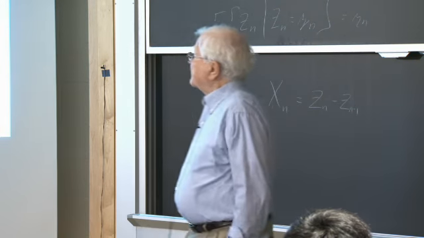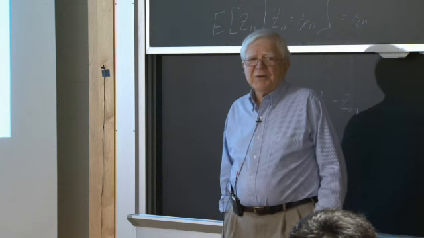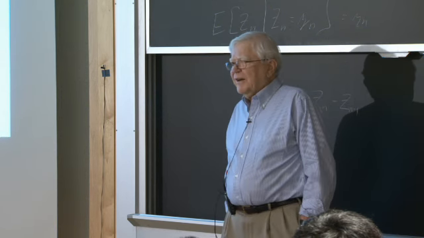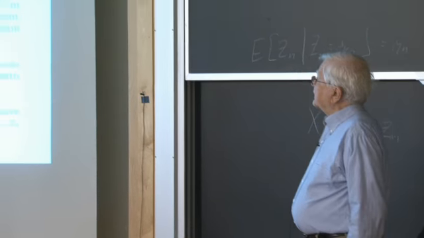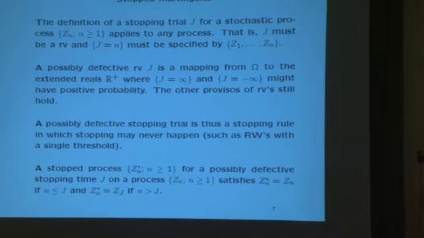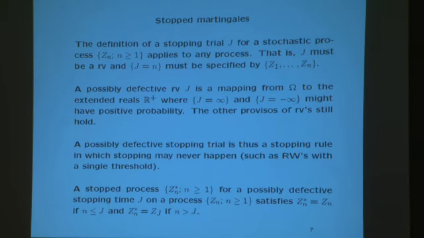Okay. We talked about possibly defective random variables before. I realize I never defined a possibly defective random variable. In fact, somebody asked me afterwards if it couldn't be just any old thing at all. And I said no, and here's what it is.